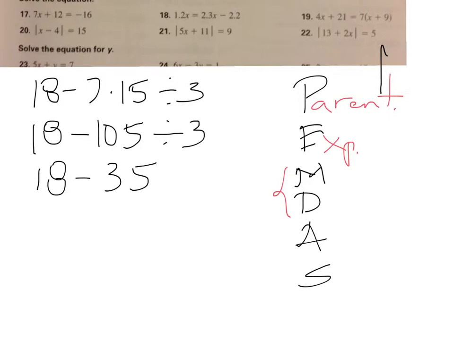The last step is to solve that: 18 minus 35, which is going to give you negative 17. Let me check, 35 minus 18, yes, so that will be my answer. That's how you solve using the order of operations.